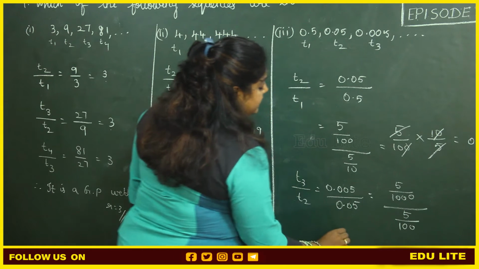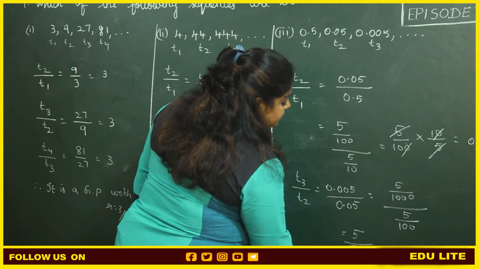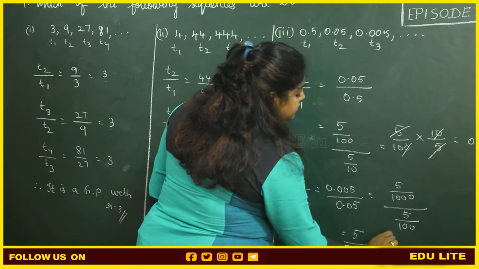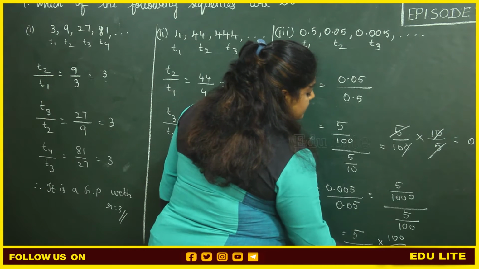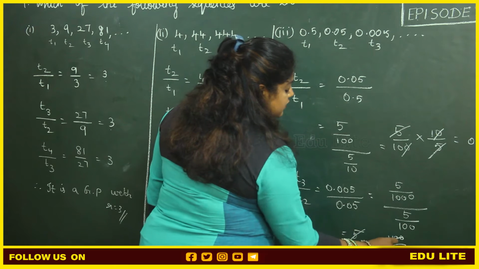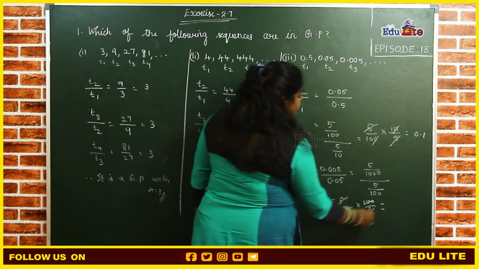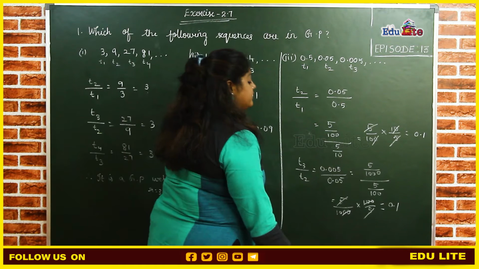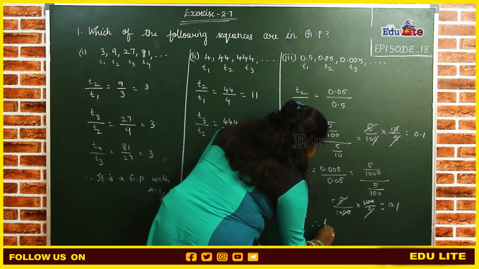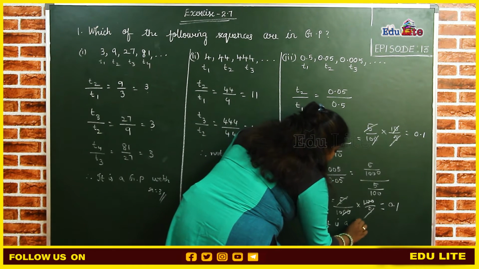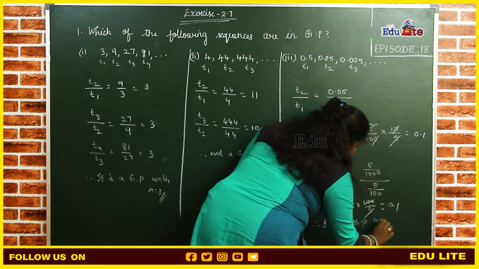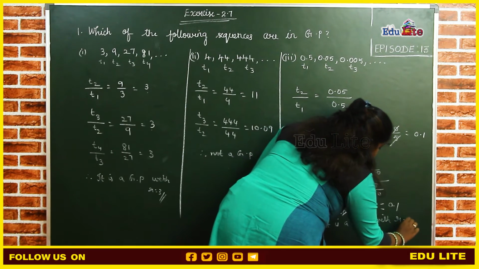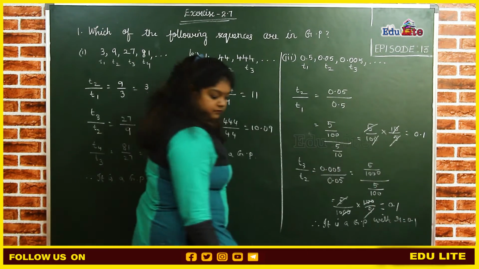Let us reciprocate: 5 by 1000 into 100 by 5. 5 and 5 will get cancelled, 2 zeros and 2 zeros will get cancelled, 1 by 10 it is 0.1. Therefore, the R value is 0.1 which is constant. It is a geometric progression with R equals 0.1.